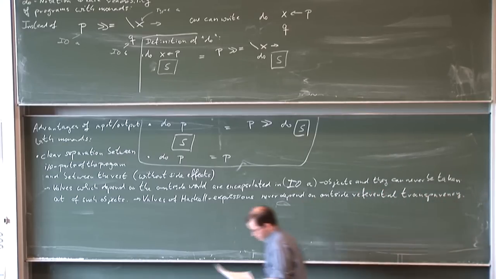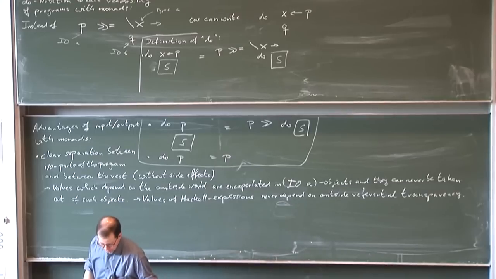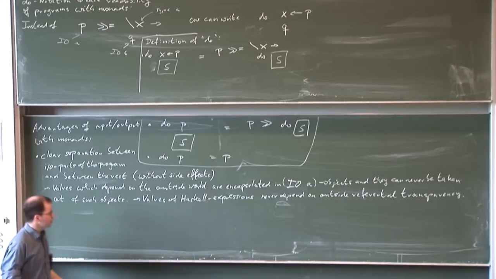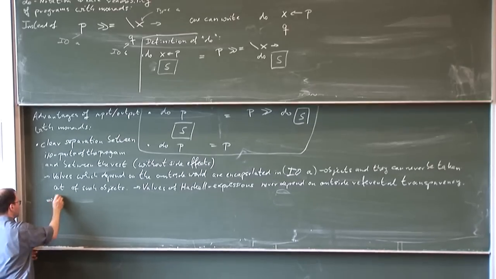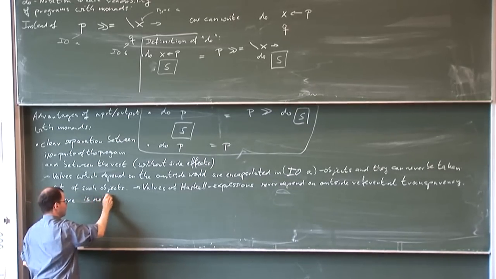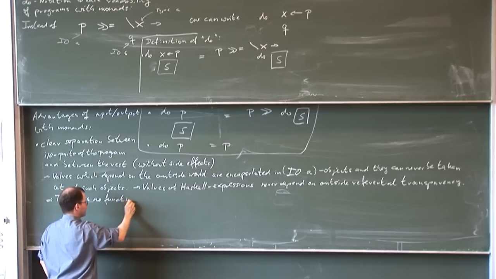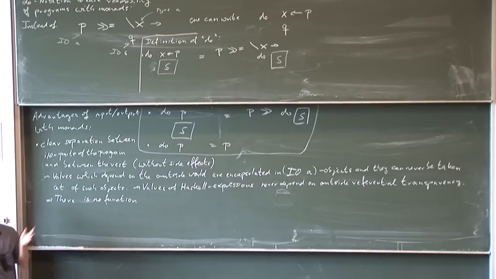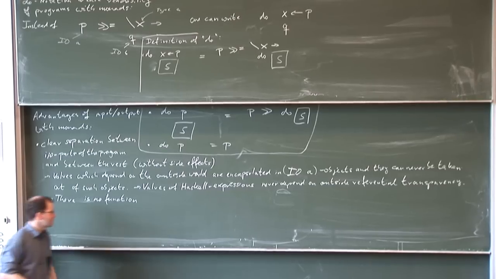So what I mean by this is you cannot write a function which reads a character from the keyboard and then returns this character as its result. So that's something that's not there.